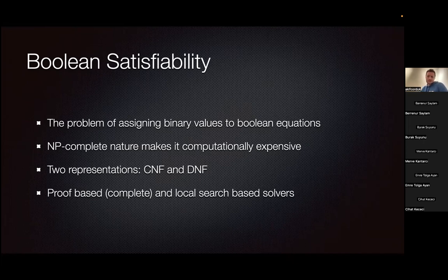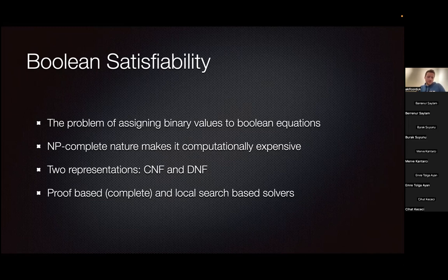That makes it suitable for heuristic-based approaches like WalkSAT that I'm talking about right now, and also there are a lot of other non-heuristic based, non-local search based algorithms. I will mention some of them.